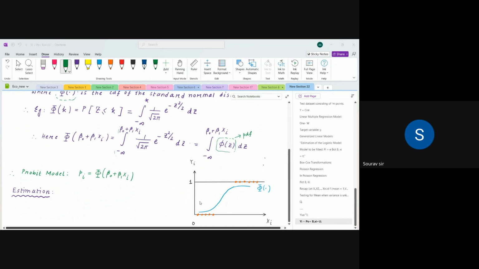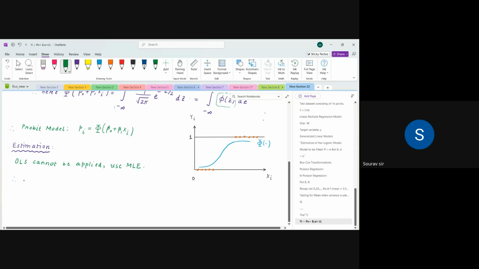Although you are modeling probability, the actual probability values are not known. So here also we will not be able to apply OLS. What will we use? MLE, right?